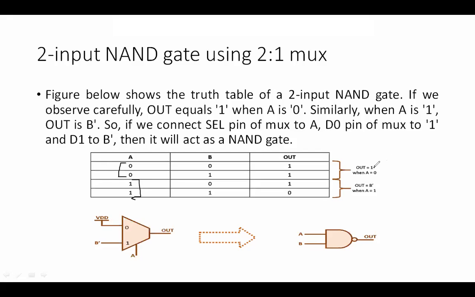Since it is 1, I will connect it to VDD, or you can connect it to high value. Anything is fine. Next, you can see that you have 0 1 here, but then you have a complemented version which is 1 0. So I will say it is equal to B complement. So A equal to 1 gives B complement as output.